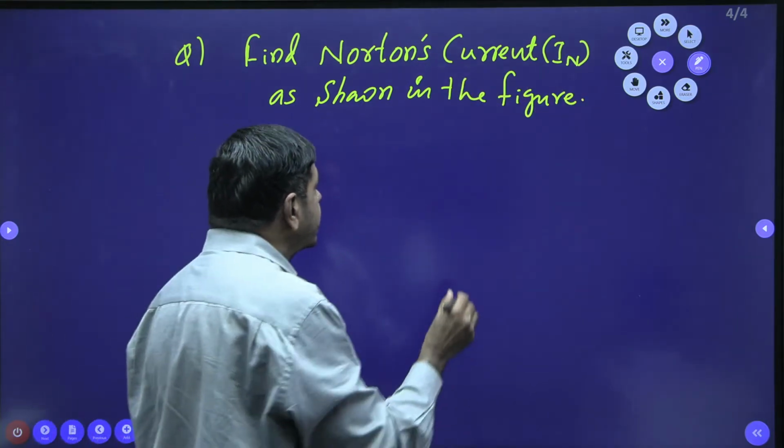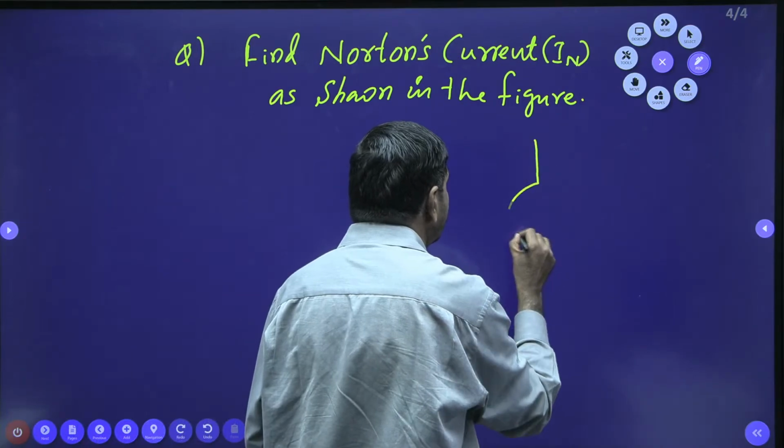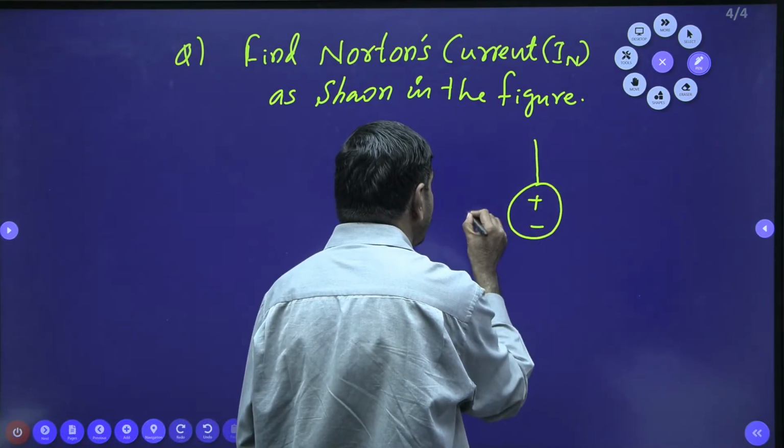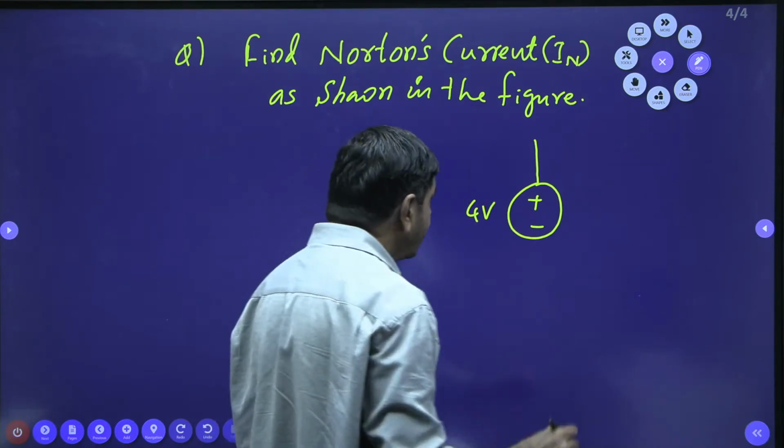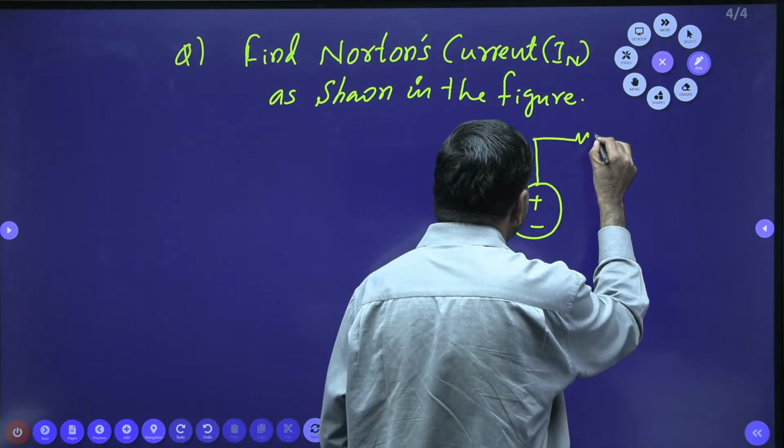Here the network is given like this. There is one 4 volt battery connected with a 2K resistor.